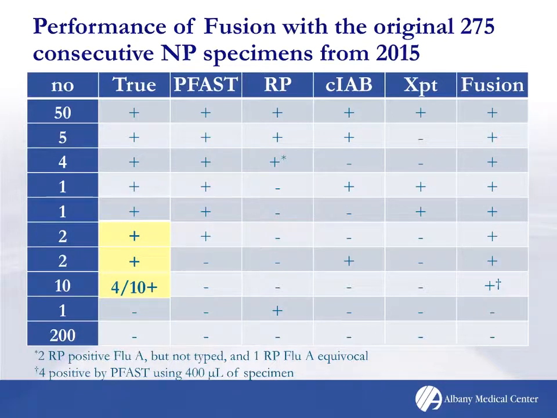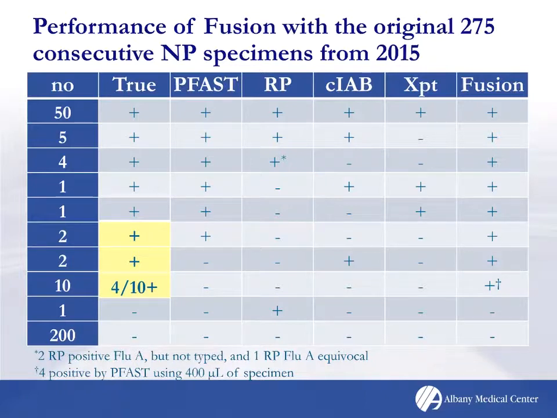All 61 samples that were considered true positives in our previous studies were still positive with the fusion assay. In addition, there were 4 other samples that were considered in our previous analysis to be false positive by either ProFast or by the COBAS assay because they were only positive by those assays, but the fusion was positive with those as well.